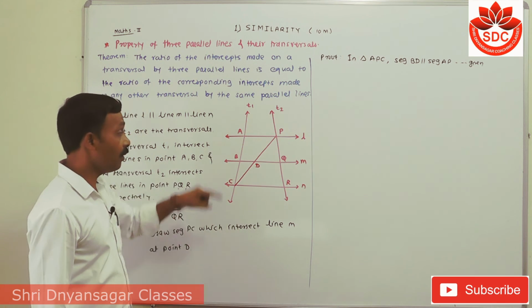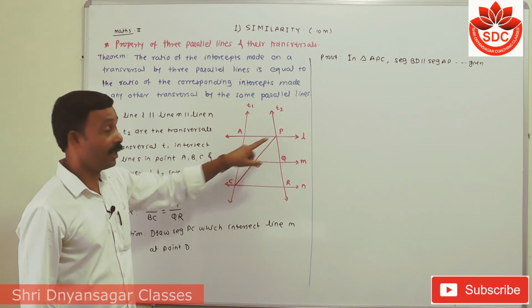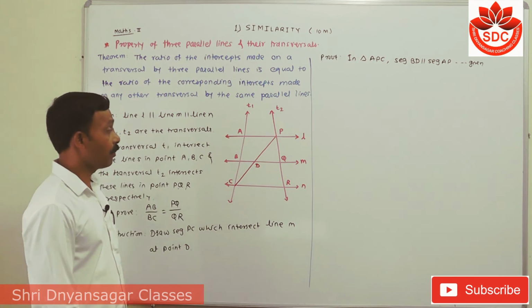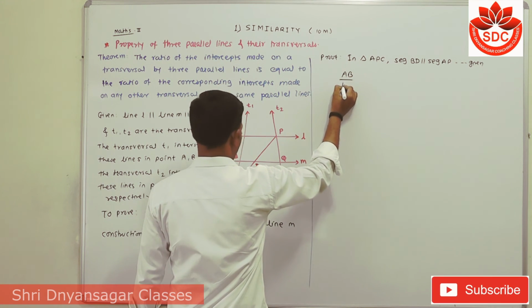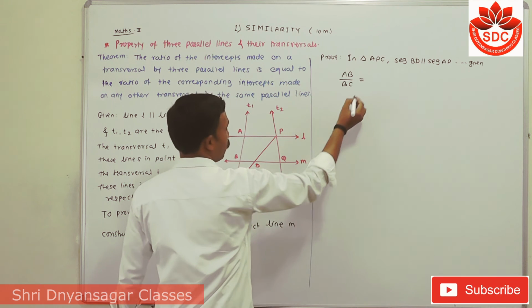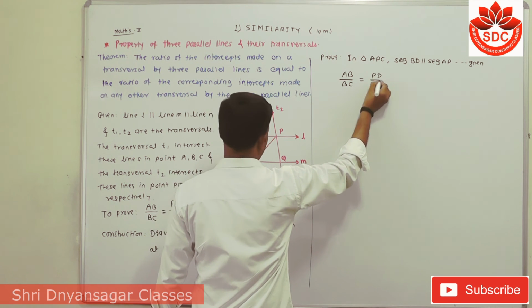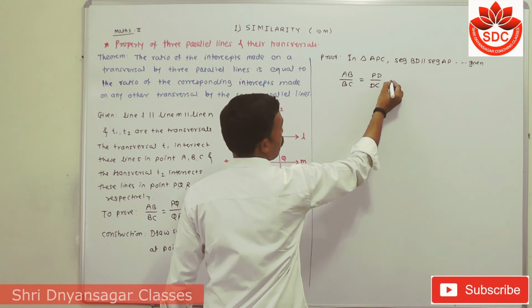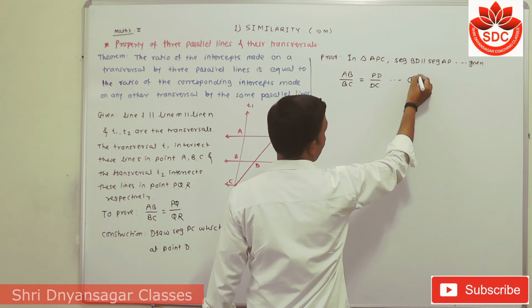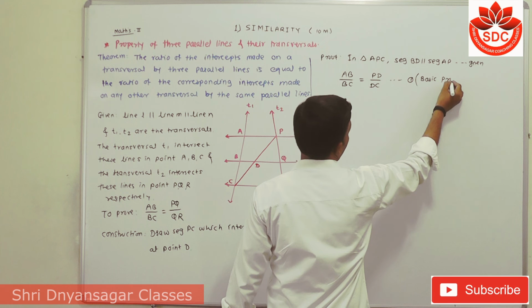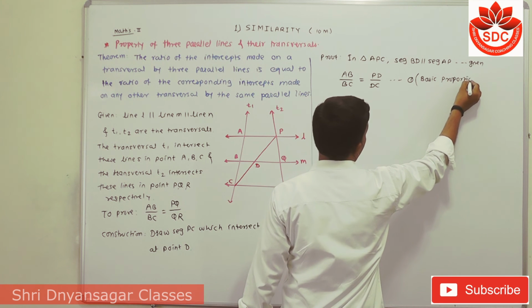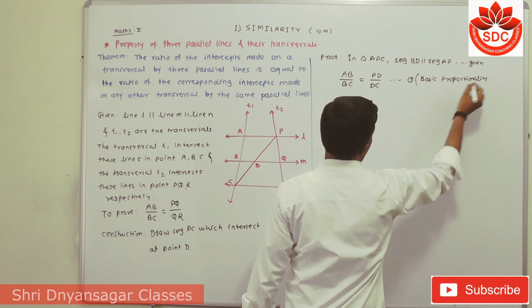But I have to take it from point A and from point P. So by the basic proportionality theorem, AB upon BC is equal to PD upon DC. This is equation number first, and the reason is the basic proportionality theorem.